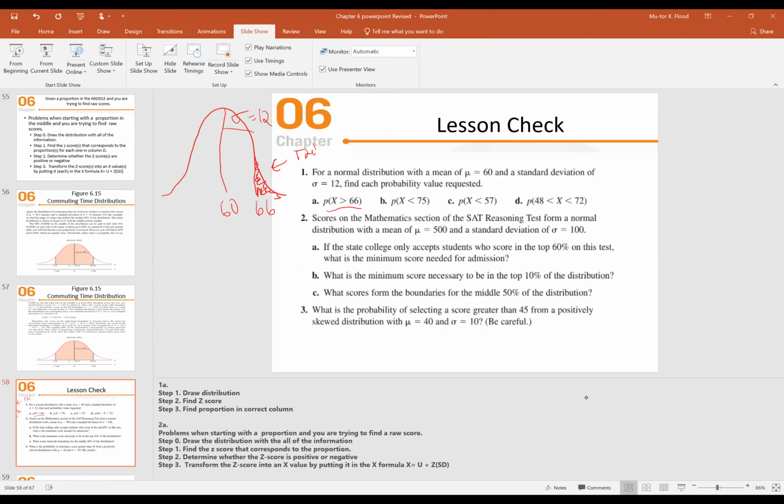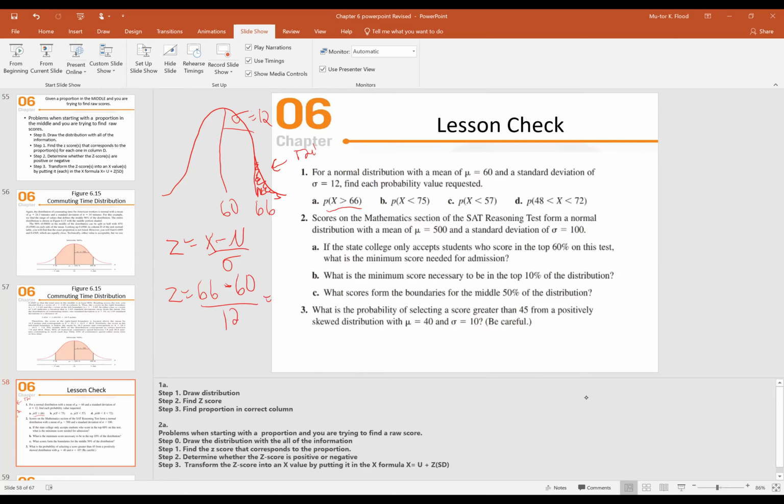So let's put it into our z-score formula. Z equals the X score minus the population mean over the standard deviation. So the raw score is 66 minus the population mean of 60, divided by 12.